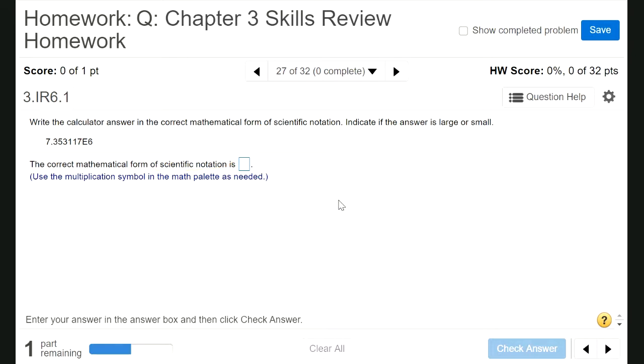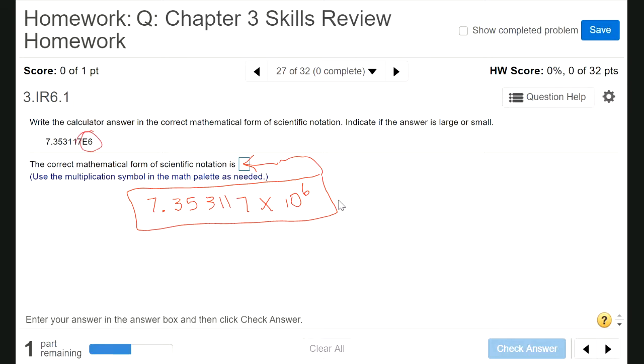So the correct answer that they want in this blank is 7.353117 times 10 to the sixth. That's what they want in the blank. So they just want you to change the E6 to this.